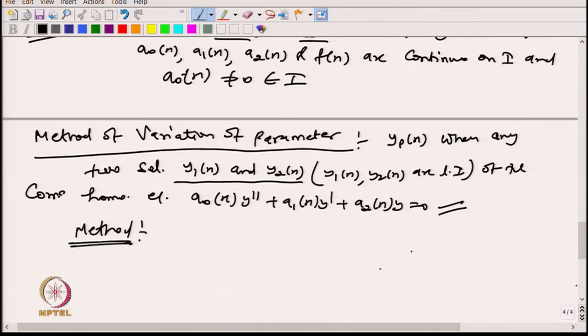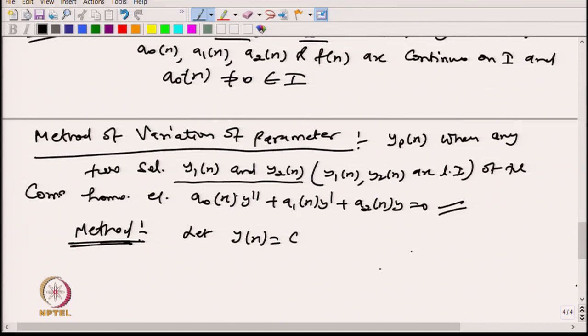Now, let y(x) be my solution. So I should not write yp here, just y(x). Let y(x) be a solution of the equation.